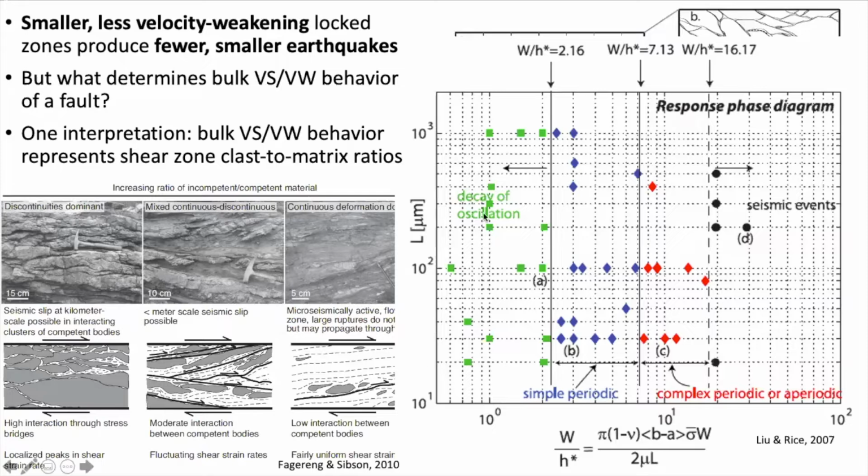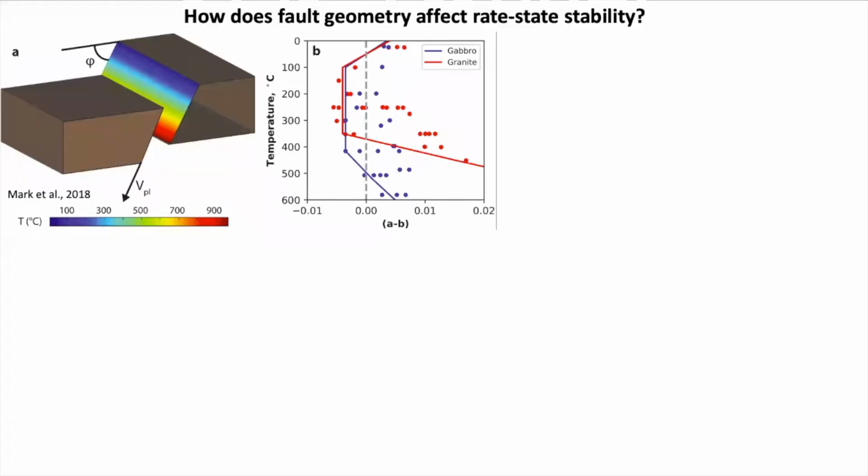We can see that low W over H star ratios lead to aseismic creep, as shown by this green regime, whereas higher W over H star values lead to seismic cycle slip, which is the black events over here. And then there are these transitional regimes in between where there's periodic aseismic creep or some earthquakes with other periodic creep in between.